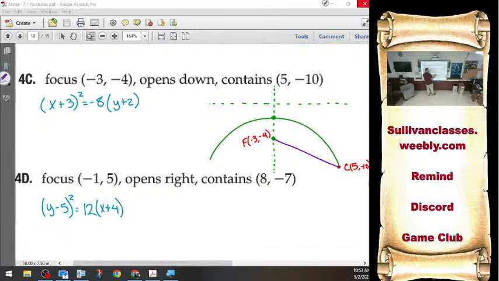So what do you do when you find a distance? The distance from point to focus is the distance from that point back to the directrix, because that's the definition of a parabola.